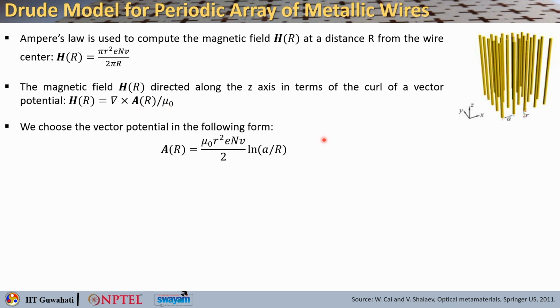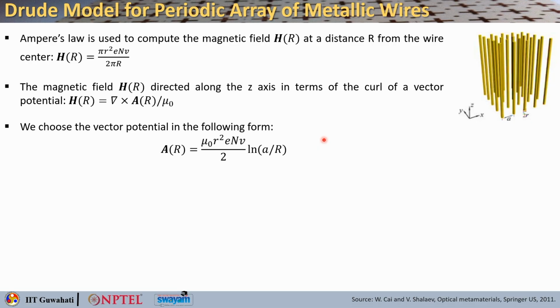Although generally speaking the vector potential A r is not uniquely defined because of the issue of gauge choices, you can make an assumption that r is much smaller than a.